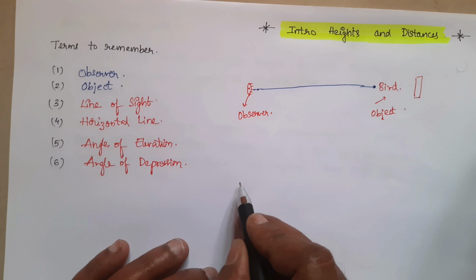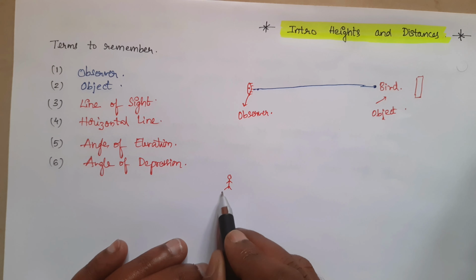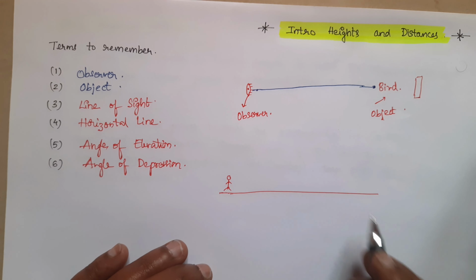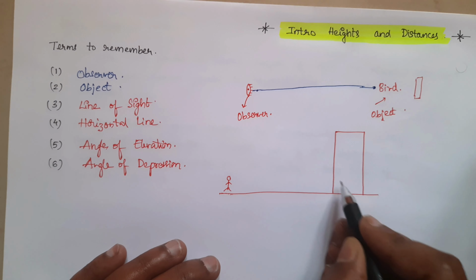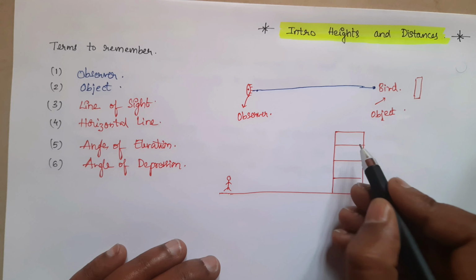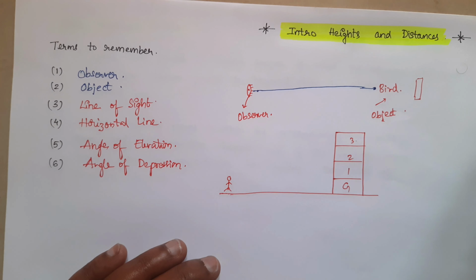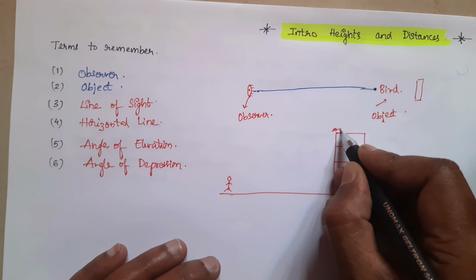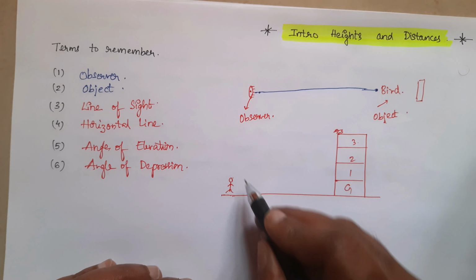Now, for example, I will consider a person standing on the ground, on the earth, in front of a building. Some 3 story building, G plus 2: ground floor, first, second and third floor, for example. And a bird is there, and the person is watching that bird.